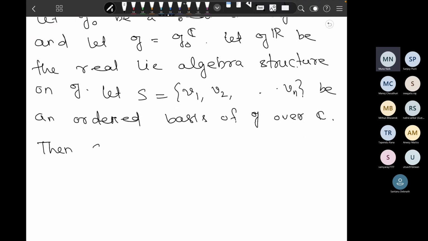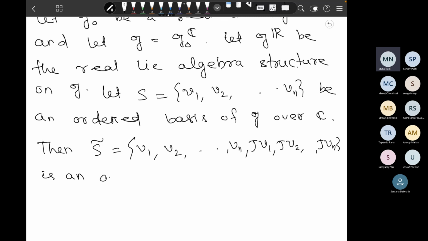So then S tilde, you can take this V1, V2, up to Vn, J V1, J V2, up to J Vn, is an ordered basis of GR over R.